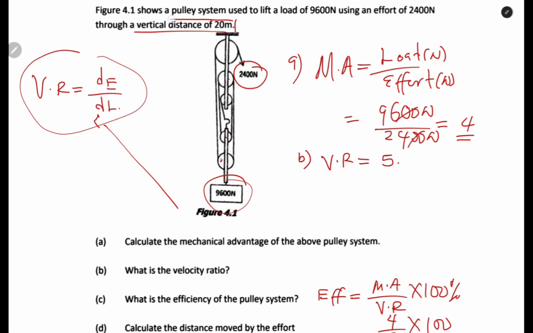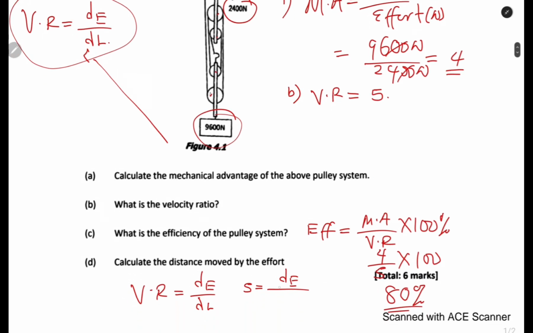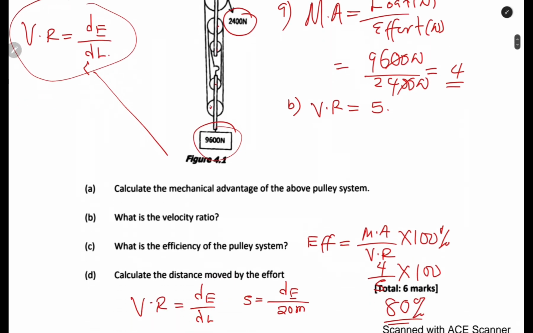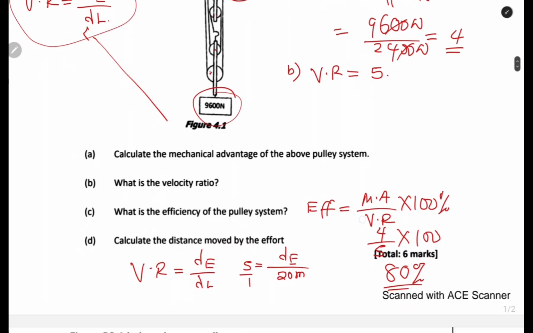The vertical distance is the distance moved by load because we are lifting it up. So the distance moved by load is 20 meters. Here you just cross multiply, so distance moved by effort is equal to 5 multiplied by 20 meters. This gives you 100 meters as the distance moved by effort.